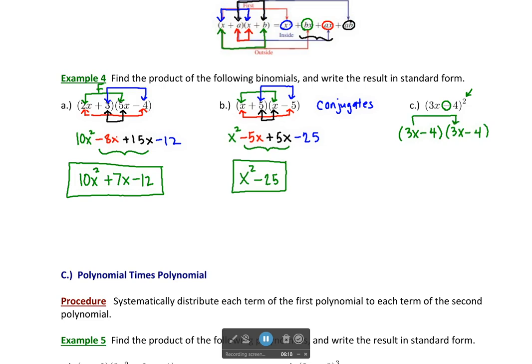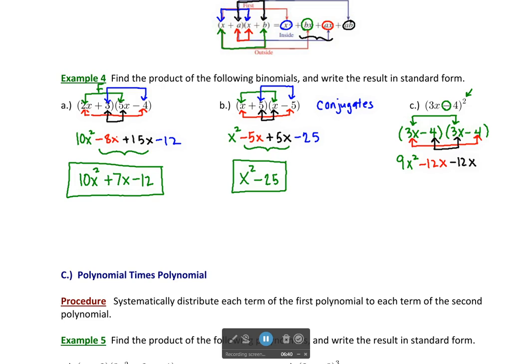So multiplying our first two terms together, 3x times 3x gives us 9x squared. Multiplying our outside terms together, 3x times negative 4 gives us negative 12x. Inside terms, we have negative 4 times 3x, which gives us negative 12x.